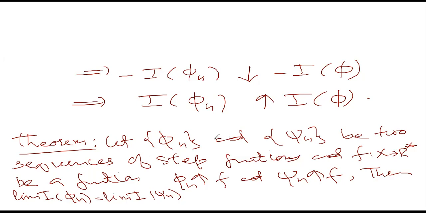So clearly this f is a measurable function, because phi n is a step function and step functions are measurable functions, and the limit of a sequence of measurable functions is again a measurable function. So therefore this f is measurable. Proof. The limits may be infinite as well, but in any case they are equal.